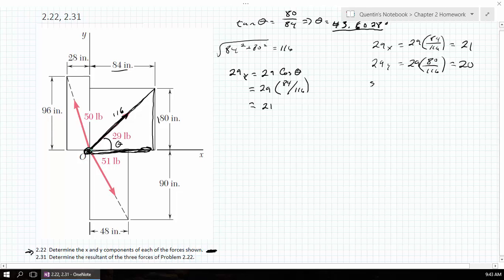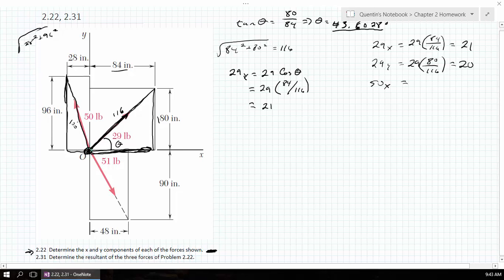Now 50 in the x is going to be what? Here we're looking at this triangle right here. If you look at 28 squared plus 96 squared, this works out to be 100, which is really convenient.